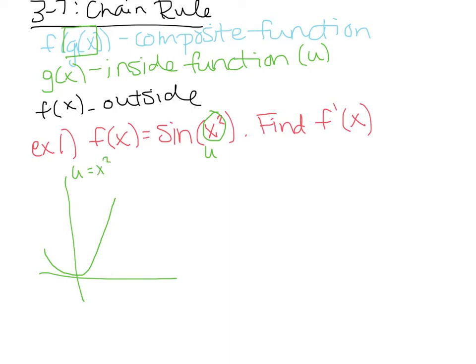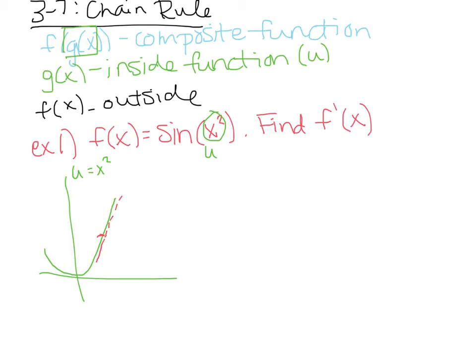Now if I take the derivative at some point here on my graph, I need to find the slope of my tangent line, which looks like that. And I'm no longer looking at y, because instead of calling it y, I'm calling it u. So instead of writing dy dx, I'm going to write du dx, because my function uses the variable u, not y.